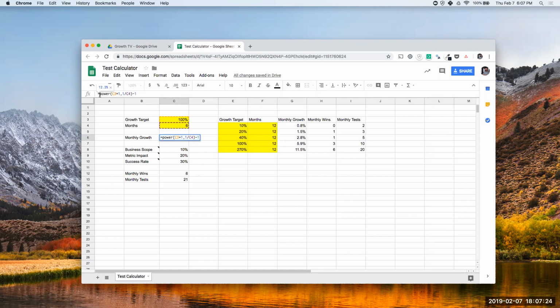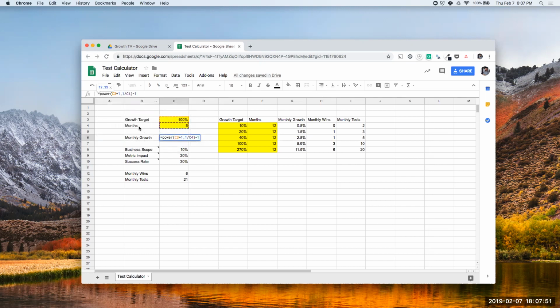You use the power formula, and for the base, you use the growth target plus 1. And then for the exponent, use 1 divided by the months. So the growth rate plus 1, and then 1 divided by the months.